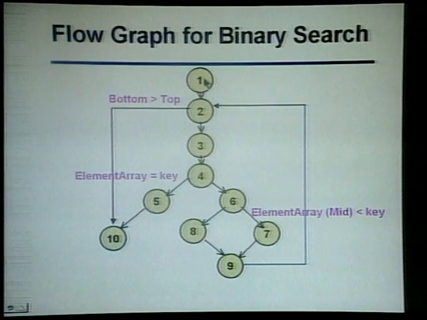We start with node 1, which is the statement before the while loop. And you can see this structure which shows the while loop. Now if the condition in the while loop is false, we go to the end of the loop, and also this is the end of the binary search routine. Now this structure clearly shows you that here is an if statement where we check a condition, and we have two branches going out of node 6.